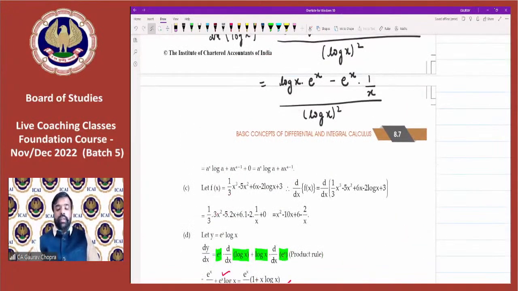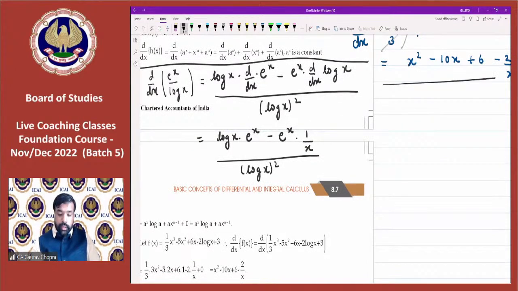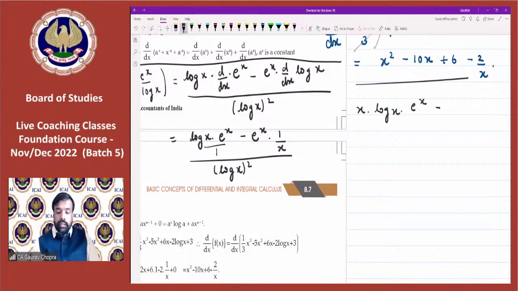And if we want, we can take the LCM and common as well. So if we want to take the LCM, we can do it here. Now in the numerator, we can take the LCM as x. So it will be x multiplied by log x multiplied by e to the power of x minus e to the power of x, upon x multiplied by log x whole square.